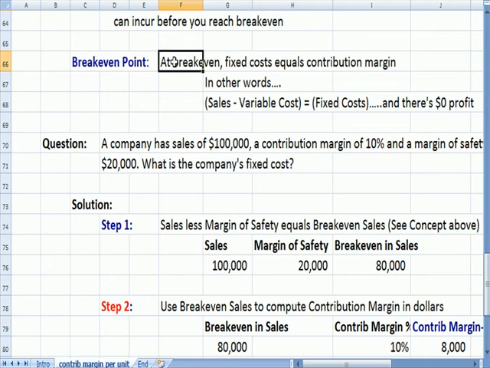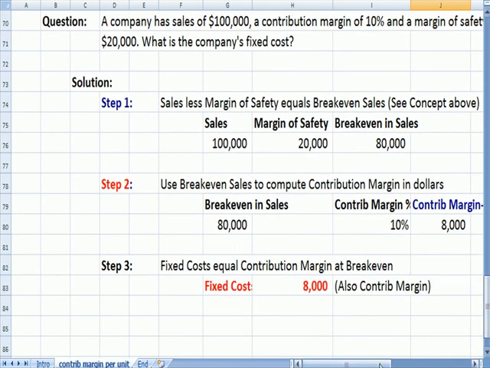When I am at break-even, my fixed costs equal my contribution margin, or in other words, sales minus variable cost equals fixed costs, and that should make logical sense, because if sales less variable cost less fixed cost equals 0, I'm at break-even. So if I sell 100, have variable costs of 50, I have $50 left, and my fixed costs are also $50, I have a 0 profit.